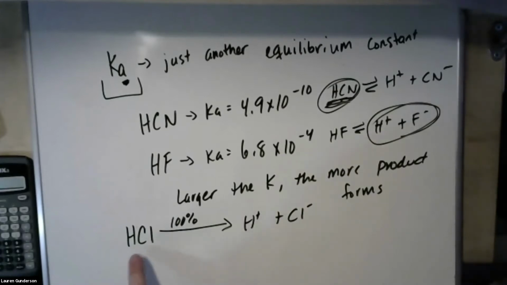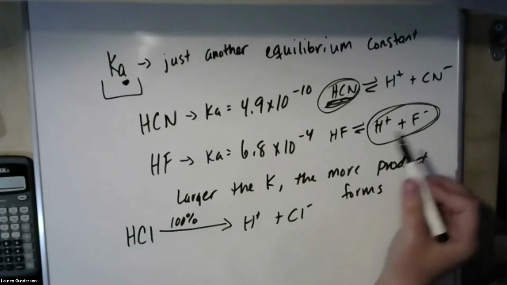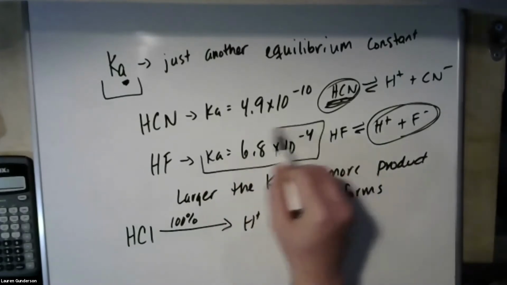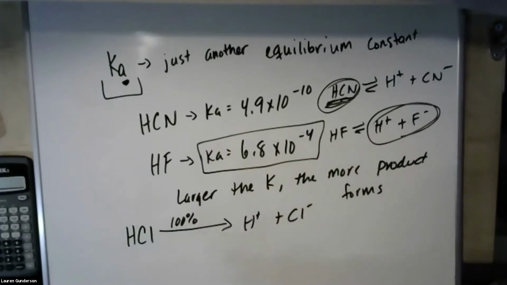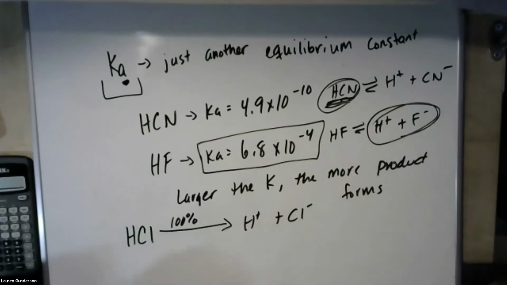You can assume that when you have a strong acid in solution, 100% of it is going to dissociate into its ions. But how many ions are formed when a weak acid dissociates? It's related back to its K value, because not 100% of the acid is going to separate. So we have to keep that in mind.